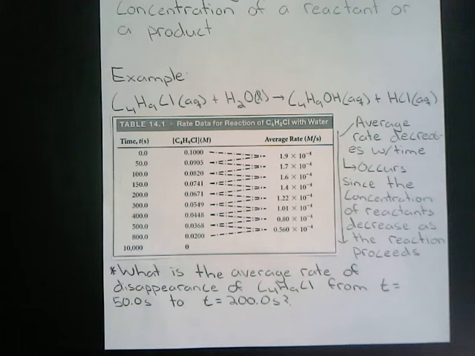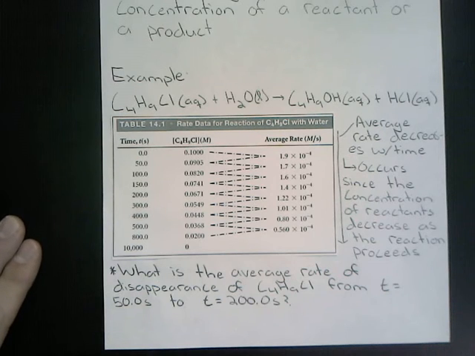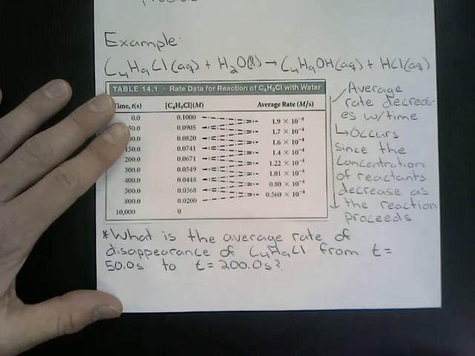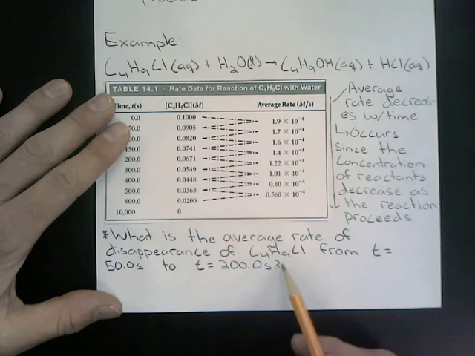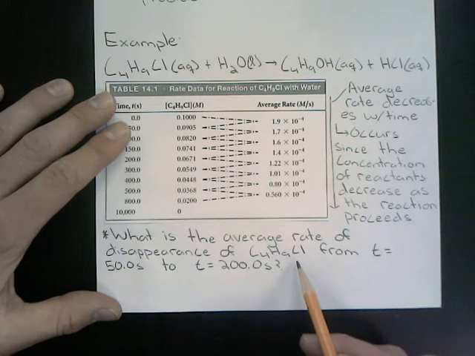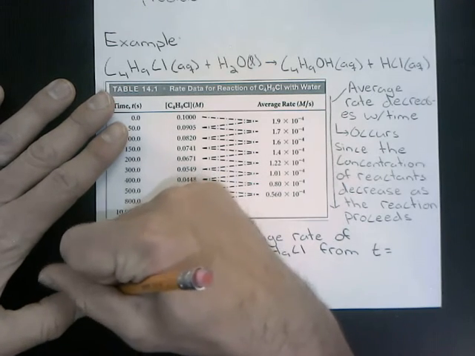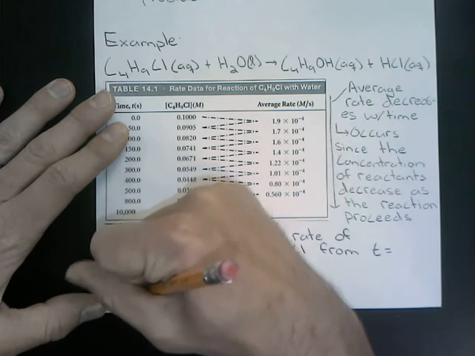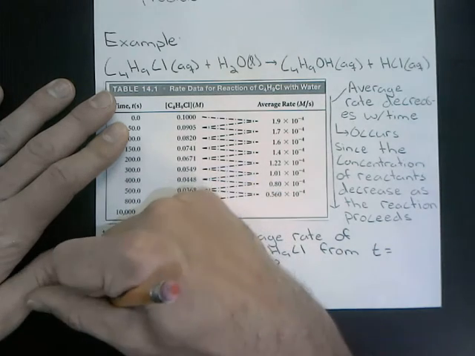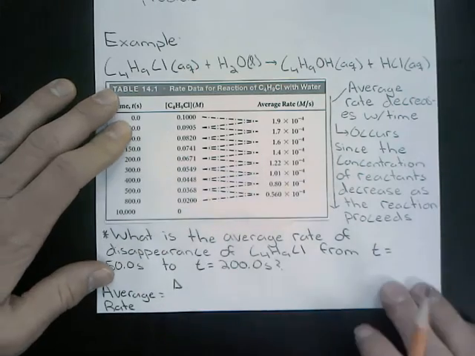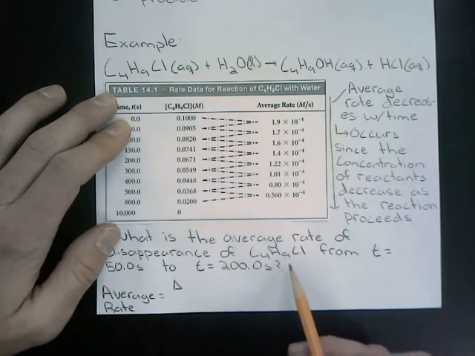Okay, so just as a reminder, the average rate formula is the change of concentration divided by the change of time. So for this, we are talking about our compound C4H9Cl, or chlorobutane. And so our average rate is going to be the change of concentration of our chlorobutane.